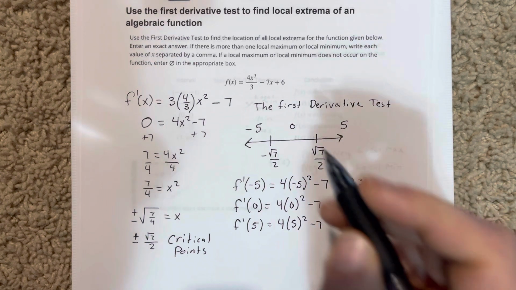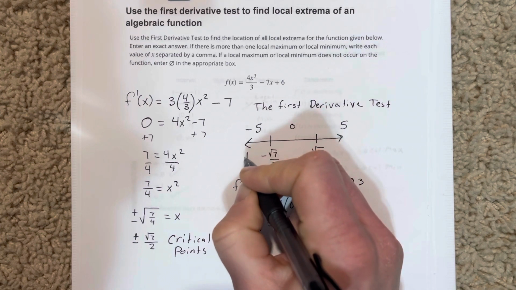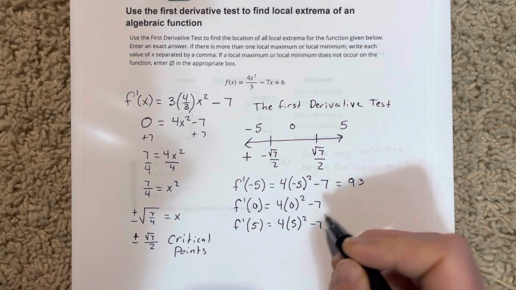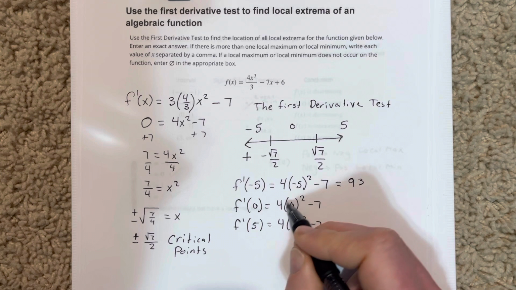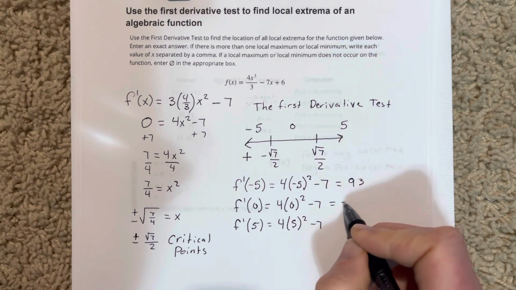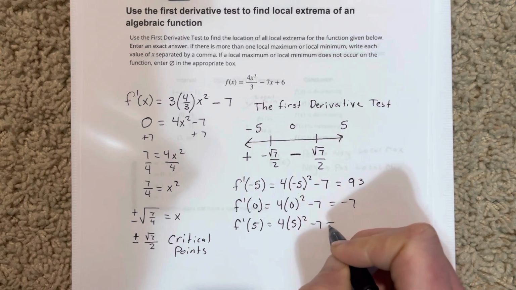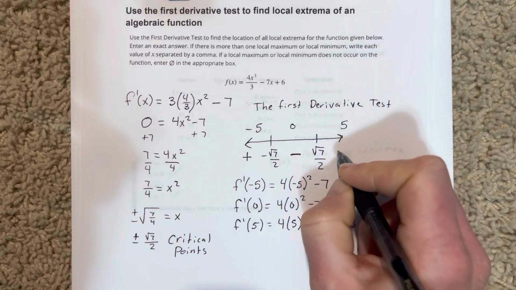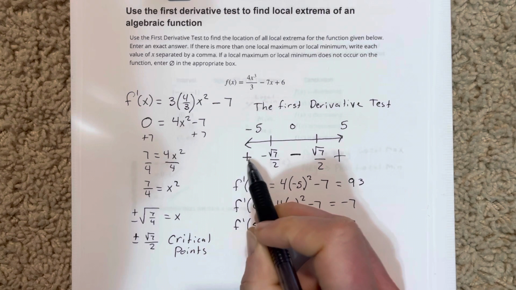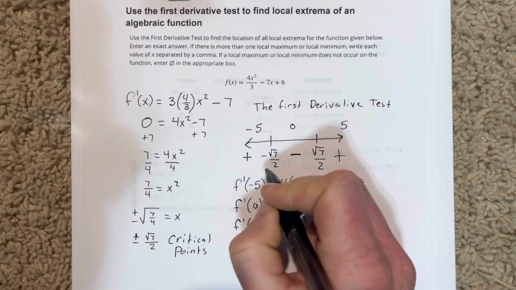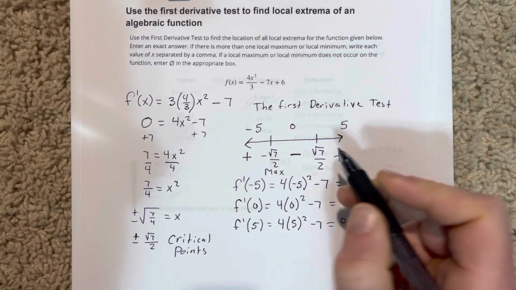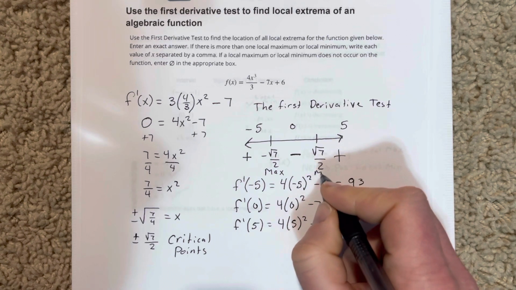But we don't really care what the number is. We just care that that area is positive. Positive slope there. And then we do this. This would be 0 minus 7. That's negative 7. Negative slope in here. And then this will be 93 as well. So positive slope here. So anytime I go from positive to negative slope, I have a max. Anytime I go from negative to positive, I have a min.